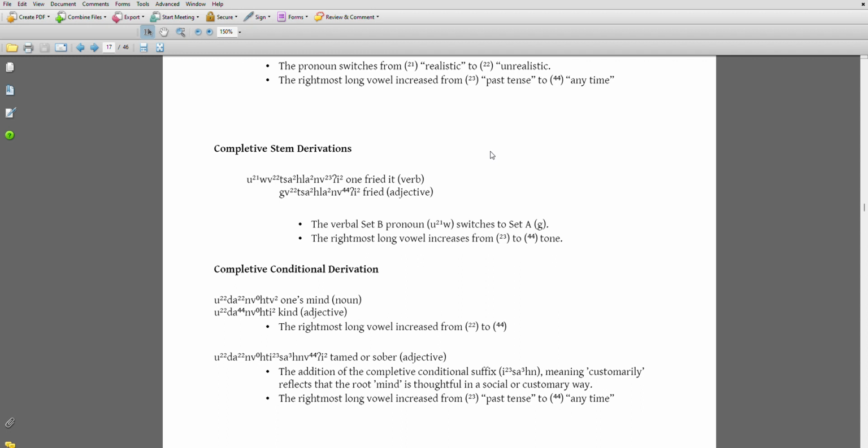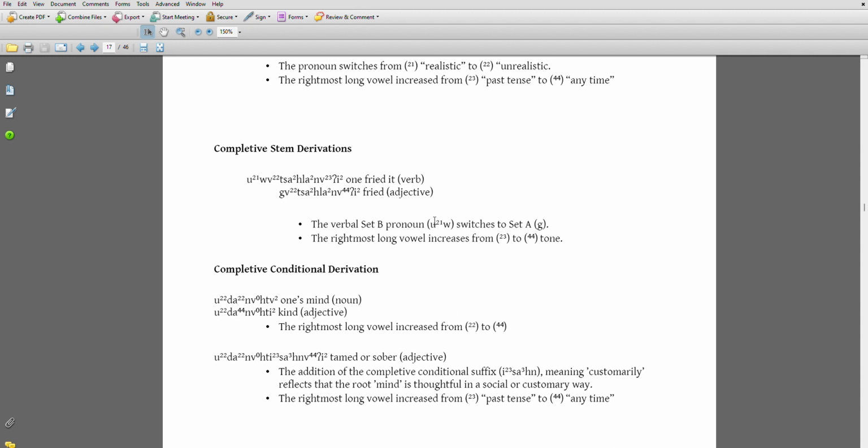So what we did is the verbal set B pronoun u switches to set A G. The rightmost long vowel increases from 2-3 to 4-4 tone. And that's how we convert that verb to an adjective. So that is a completive stem verb being converted to an adjective.